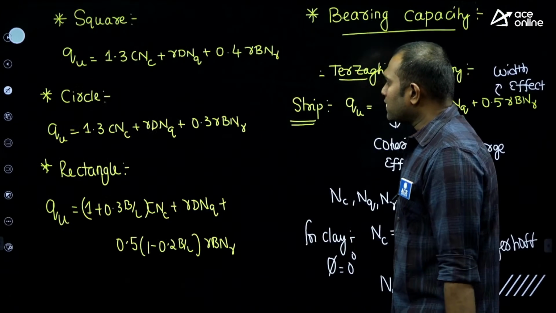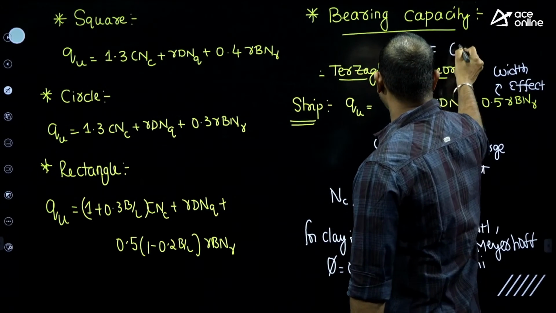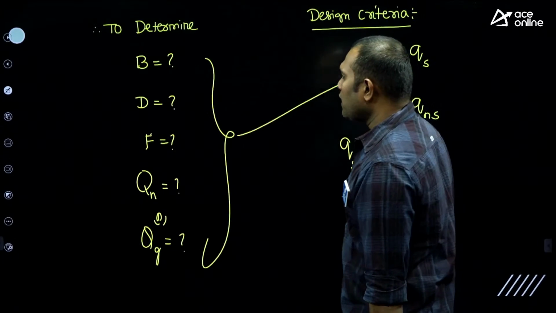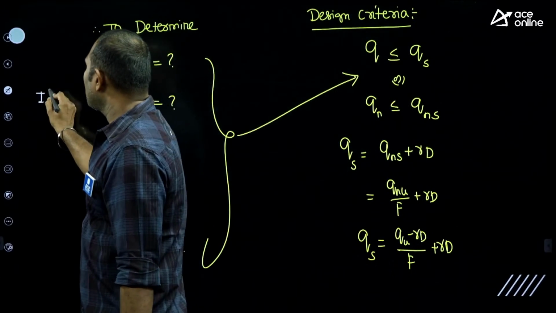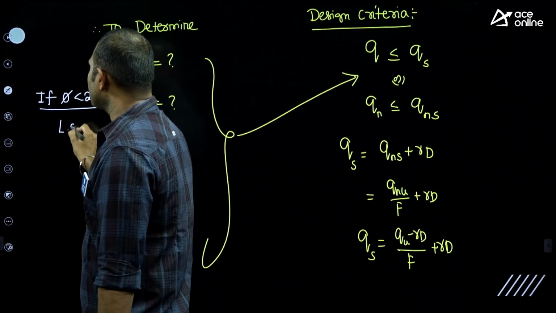And in the case of Terzaghi, whatever discussion we make is for the general shear failure, where phi value is greater than 36 degrees. And if phi value is less than 28 degrees, then it is a local shear failure.